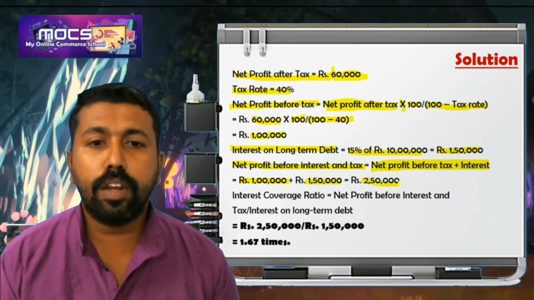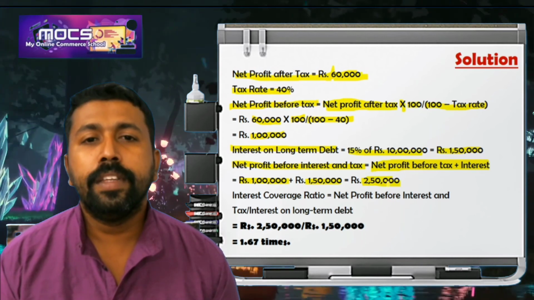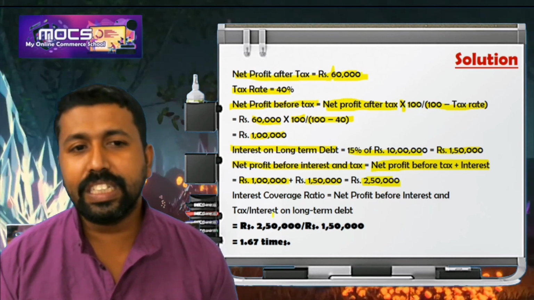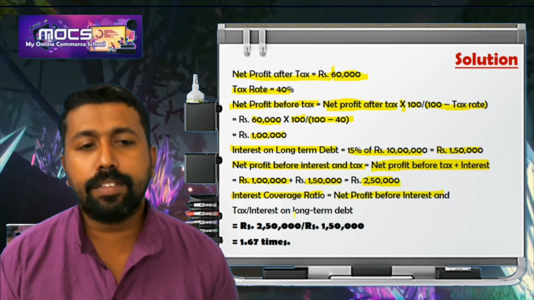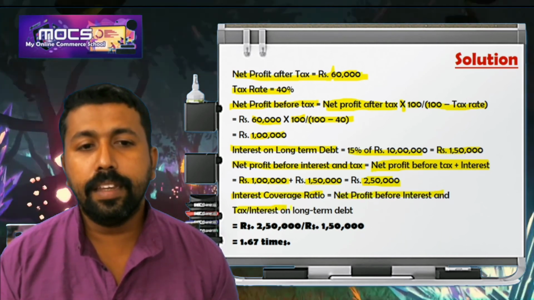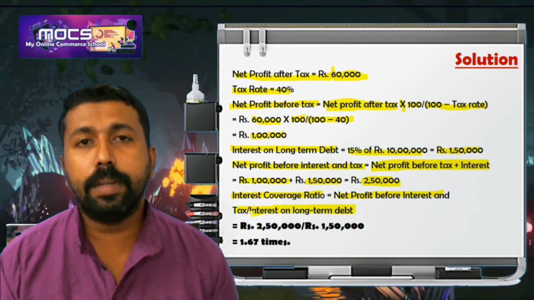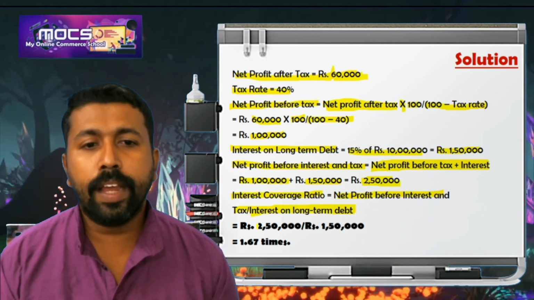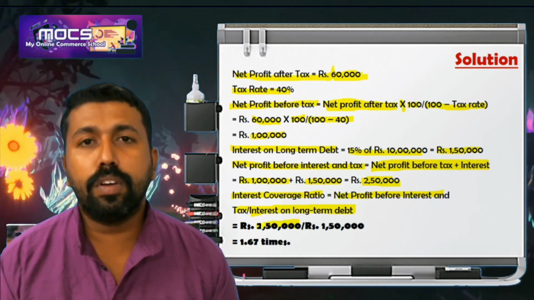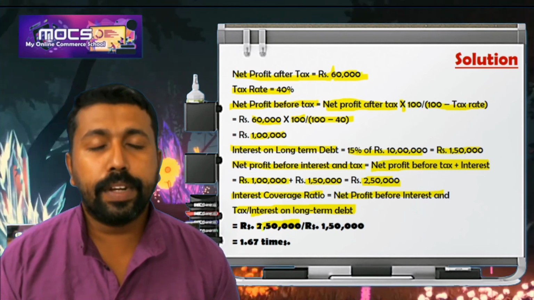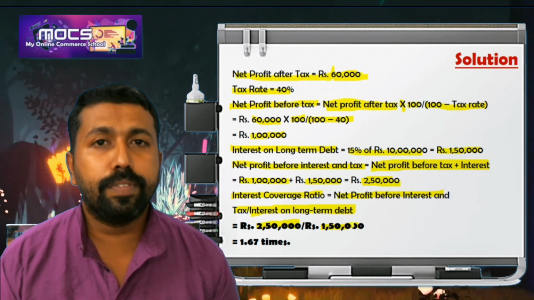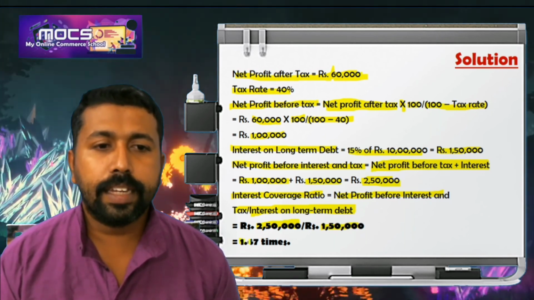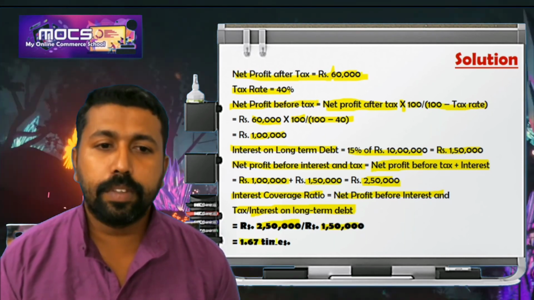So we will get the total of 2,50,000. Then we can directly apply the equation. Interest coverage ratio is equal to net profit before interest and tax divided by interest on long-term debt. So 2,50,000 is the net profit before interest and tax divided by 1,50,000, the amount of interest, and we are getting 1.67 times.